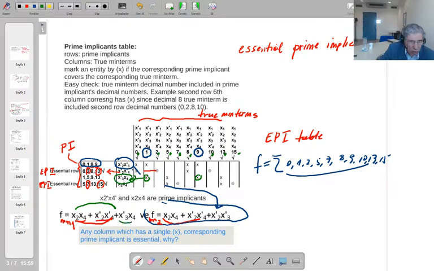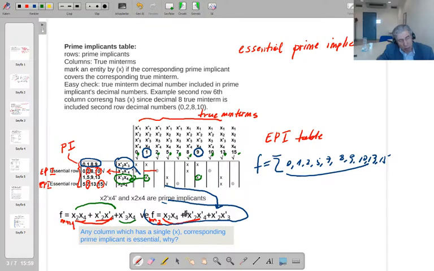So that is this one. The conclusion is this: for this given circuit, there are two minimal functions. One of them is this one. The other one is this one. In both minimal functions, the essential prime implicants are the same. These red ones.